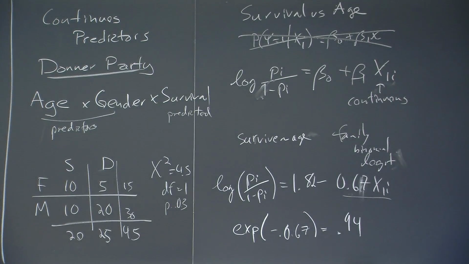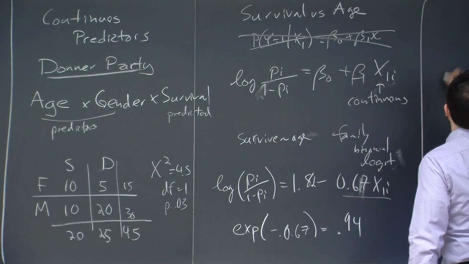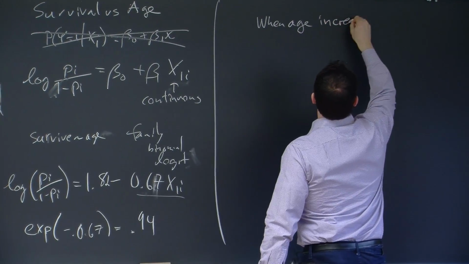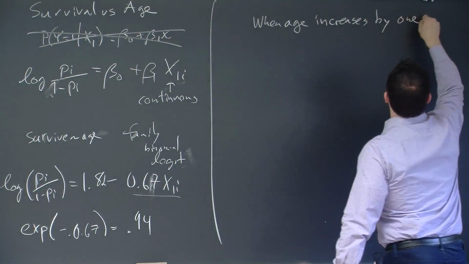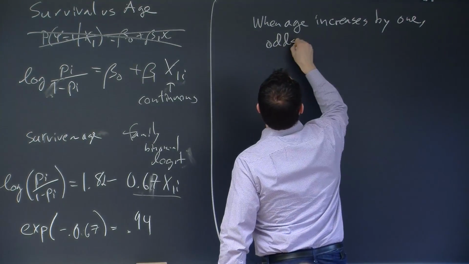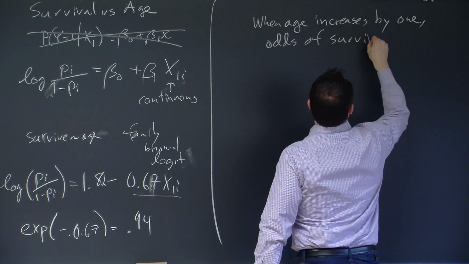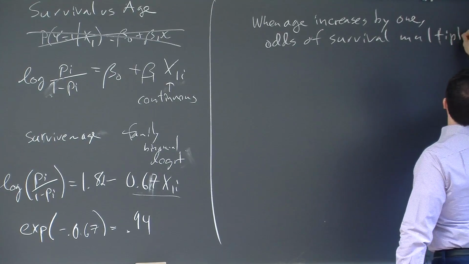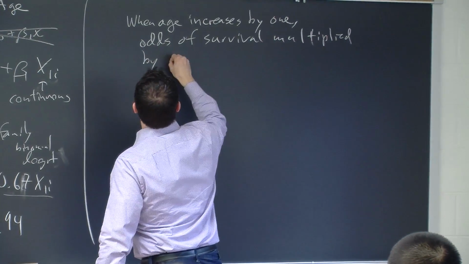And what that's telling us is the same kind of thing such a coefficient always tells us, which is that with each additional age, when the age variable increases by 1, we've multiplied the odds of survival by 0.94.